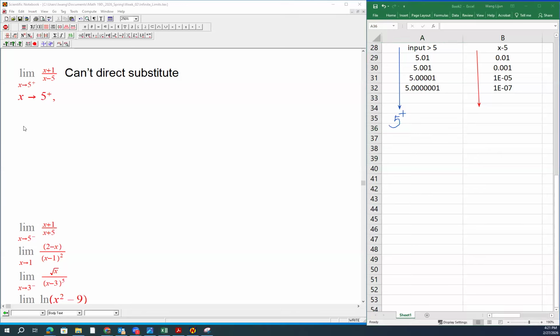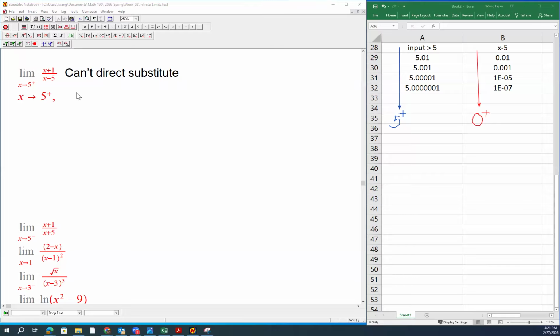So this column is approaching 0 from larger than 0. And what happened to the numerator? The numerator, as x approaches 5, is going to be approaching 6, which is a finite number.